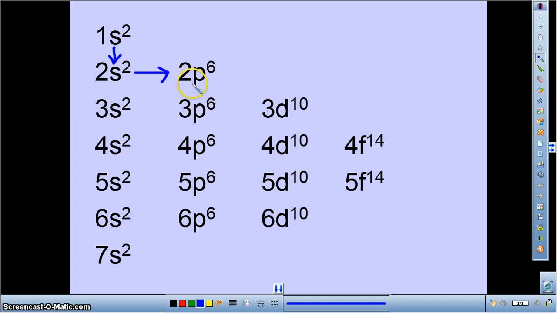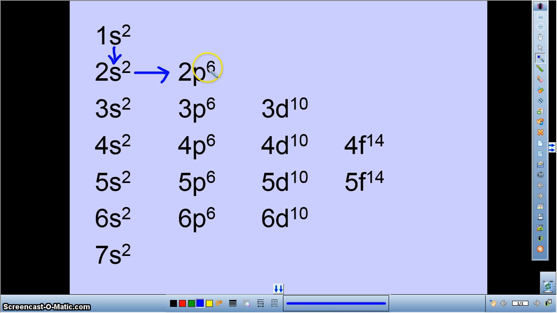It's the second principal energy level, p orbitals. Remember that there were 3 different p orbitals, a pair of them on the x, a pair on the y, and a pair on the z axis. The total amount of electrons that can be held within a p orbital is 6.